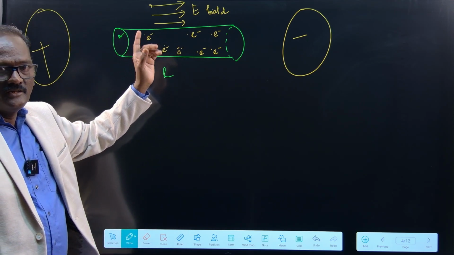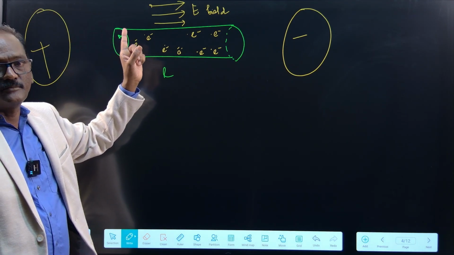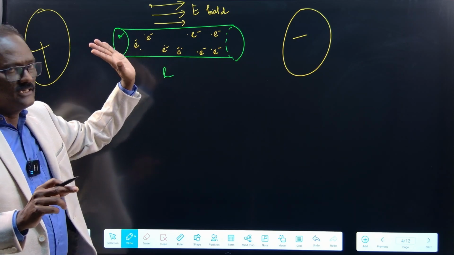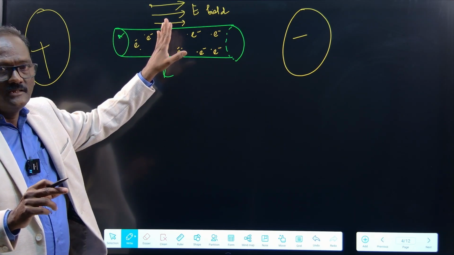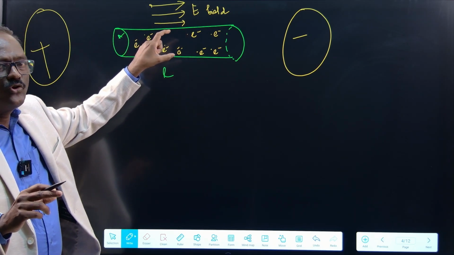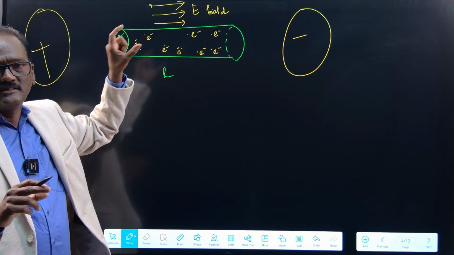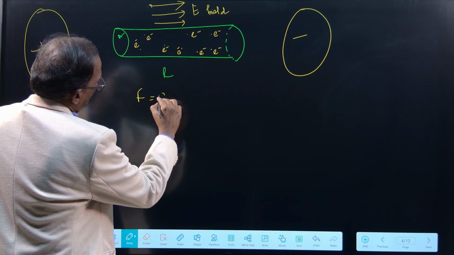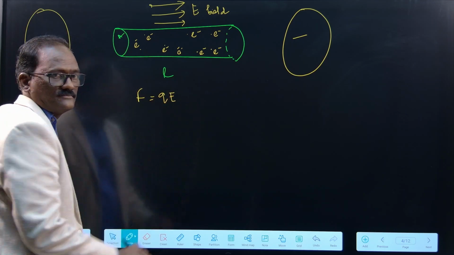Now, in the previous case, no electric field was applied. Due to room temperature, the electrons were moving in random directions. Here, the E field is applied, so a force will be available. We have studied F equals QE.